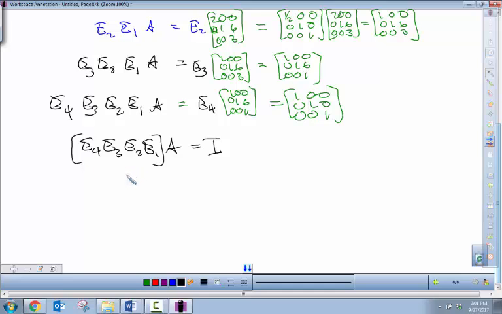Shouldn't this be the inverse? So that's one way to find the inverse matrix: keep track of and figure out your elementary row operations to get the identity.